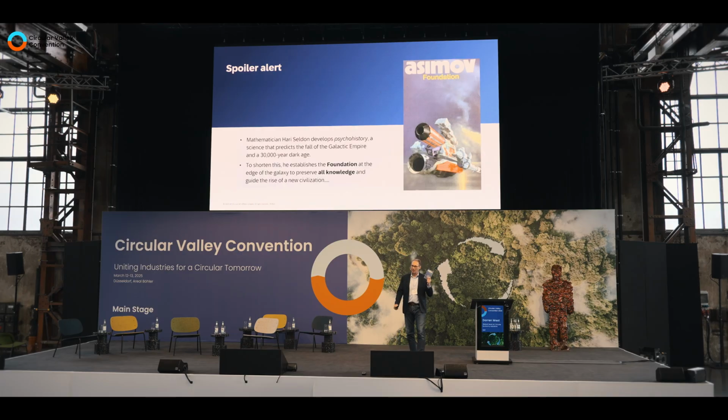Anyway, let me tell you about this book. For those of you that haven't read it, it's a brilliant book. I would recommend it. But spoiler alert, coming up. So, basically, it tells the story of a mathematician called Harry who creates a science that can predict the future. And he predicts that the galactic empire is going to collapse.